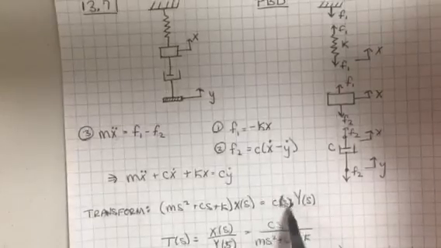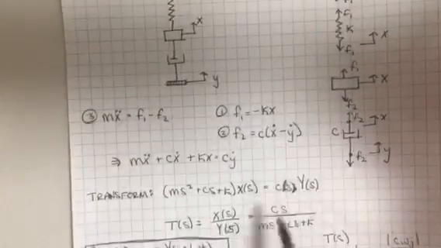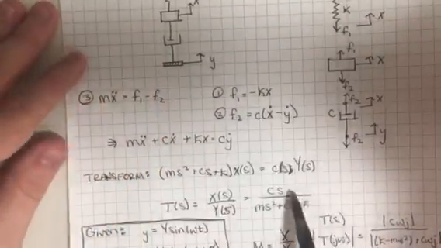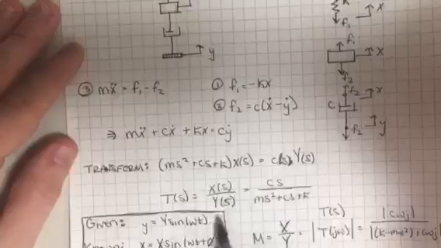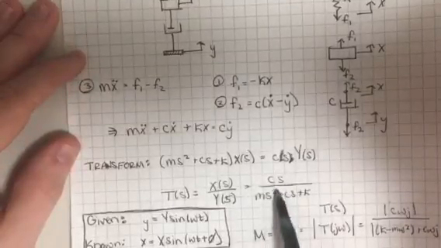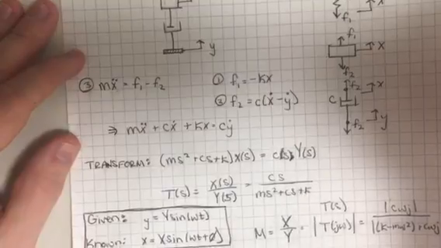I originally put the parentheses here and I realized it was wrong, so that's what that is. And then the transfer function that comes out of it would be X(s) over Y(s), and you get cs over ms squared plus cs plus k.